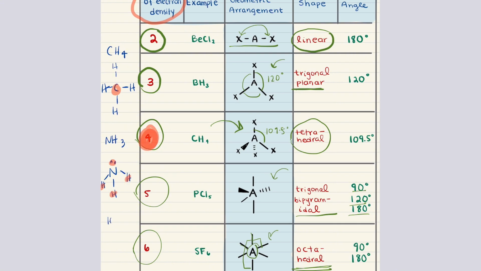Similarly, if we look at water, H2O, you have an oxygen bonded to 2 hydrogens, and then 2 lone pairs. So it also has a total of 4 regions of electron density. The electronic geometry for each of these molecules is tetrahedral. All of these molecules have a tetrahedral electronic geometry.